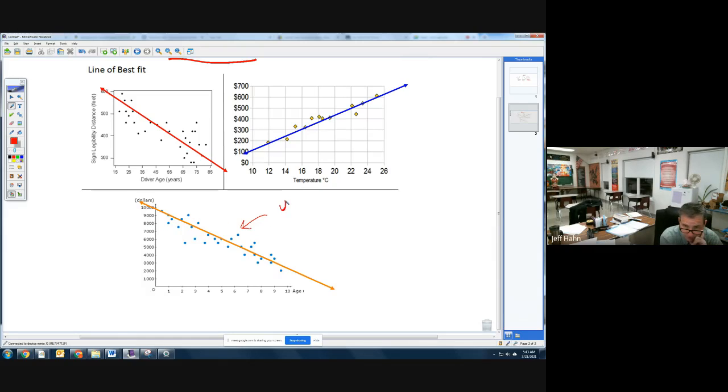If you're doing y equals mx plus b, you just need to know where it crosses the y-axis over here, which, just for fun, let's say it crosses at $10,000. And then you'd have to try to find the slope of this line.